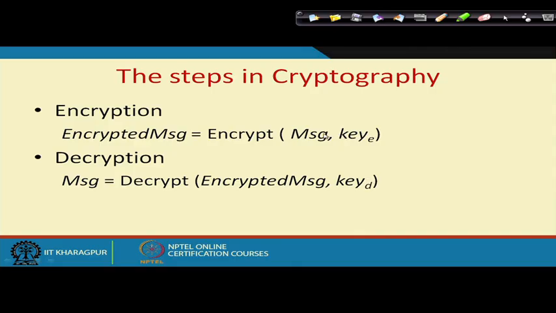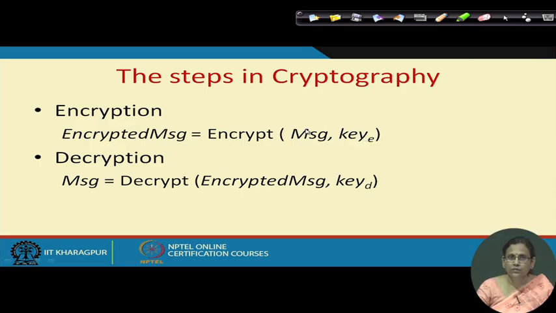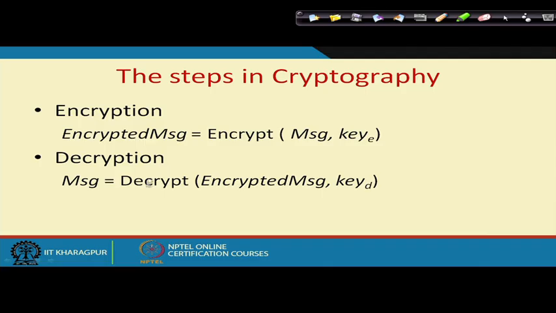These complex mathematical functions have two parameters. One is the message, the plain text that you are sending, and then the key. So, the function uses these two parameters to create something called the encrypted message or the cipher text. Then during the decryption process, just the reverse happens. The encrypted message and the key are used to decrypt it to get the original message back.